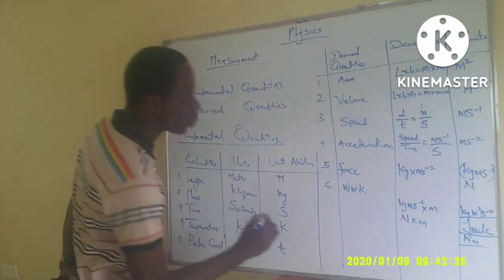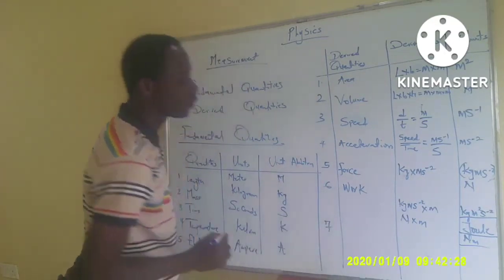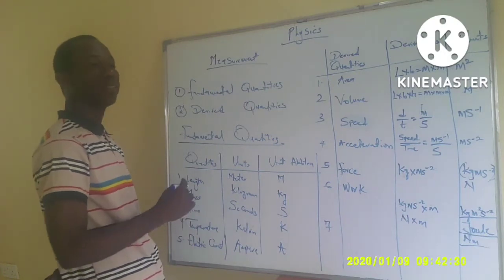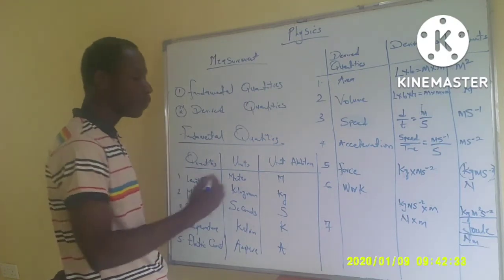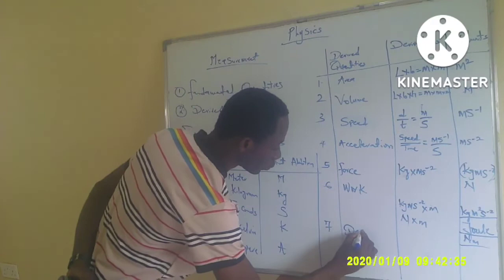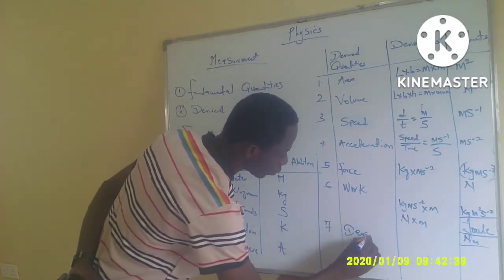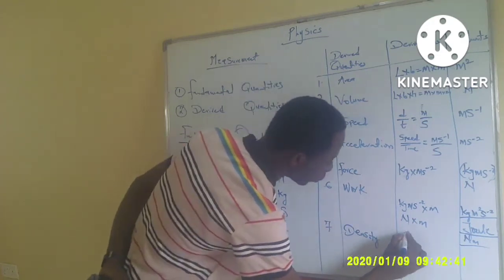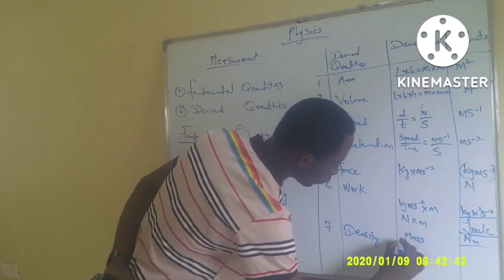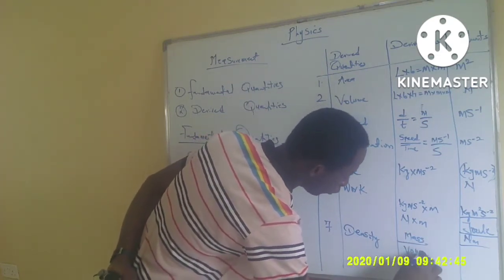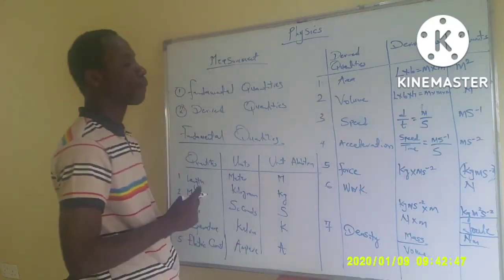Now the next one we are going to talk about is density. What is density? Density is actually mass over volume. So what is mass?